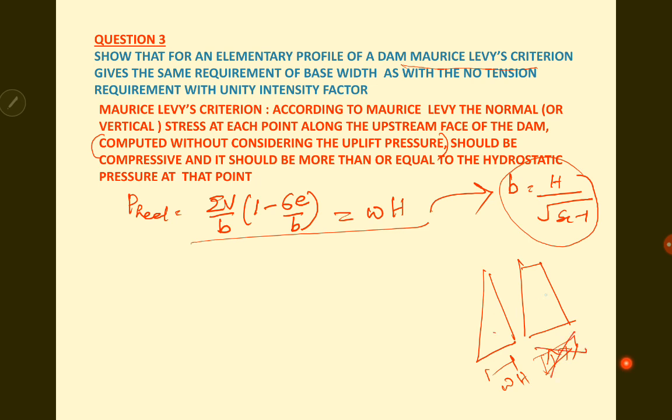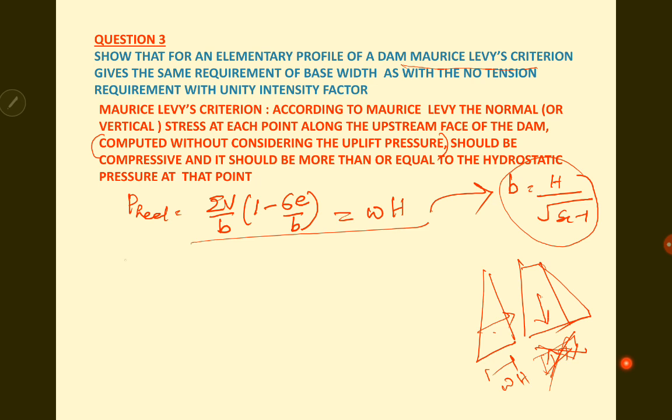You just have to consider the basic forces that act on the dam profile. If the uplift is not considered, you have the water pressure acting and you have the weight of the dam acting downward, right? These are the two main forces acting here.